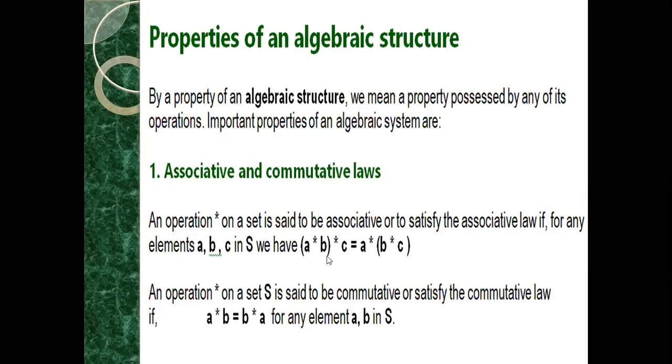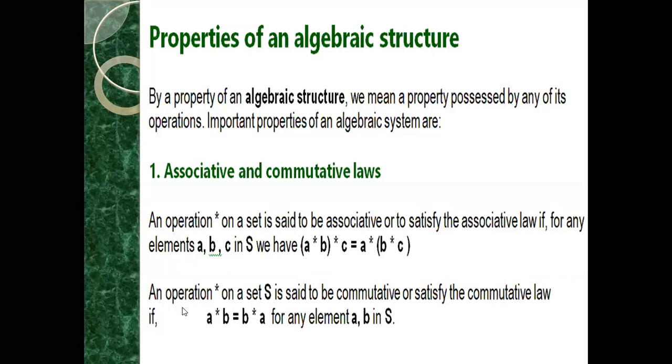So the first property, the associative law: if a, b, c are any elements of a given non-empty set S, they satisfy the condition (a star b) star c equals a star (b star c).